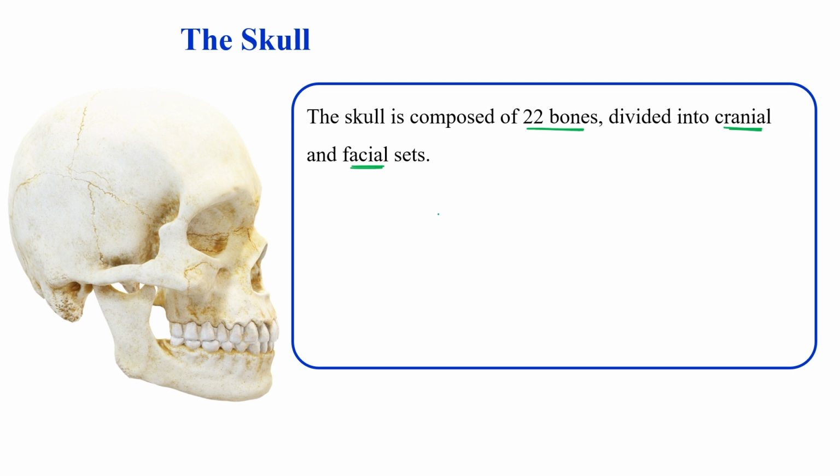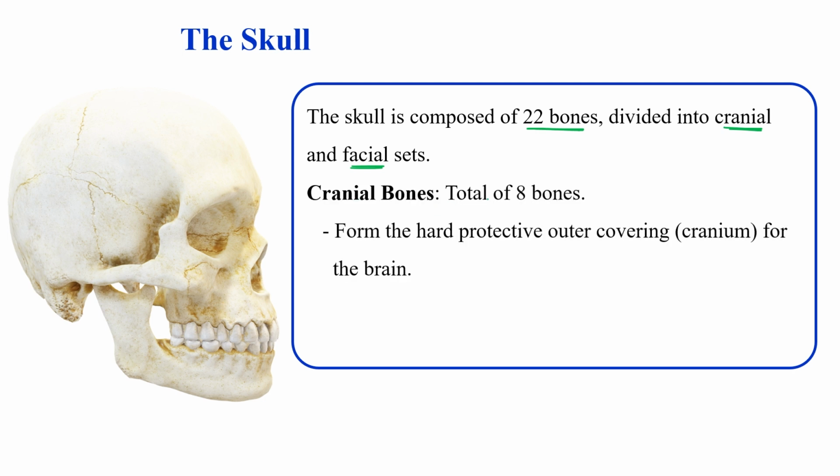In the cranial cavity there are 8 cranial bones, in which our brain is there. It forms a hard protective outer covering known as the cranium, which provides protection to our brain. So this contains 8 bones.